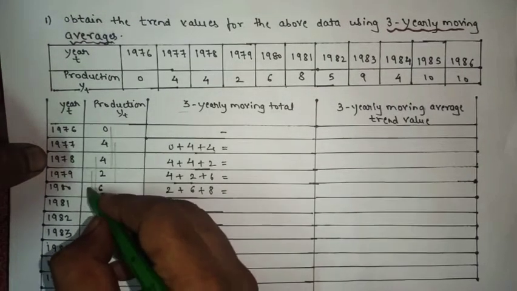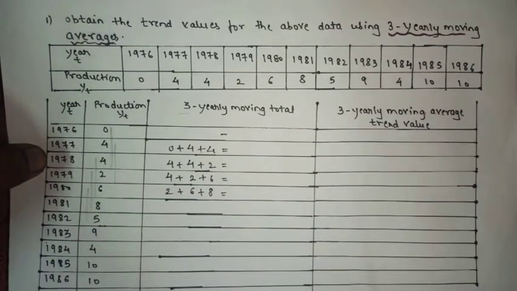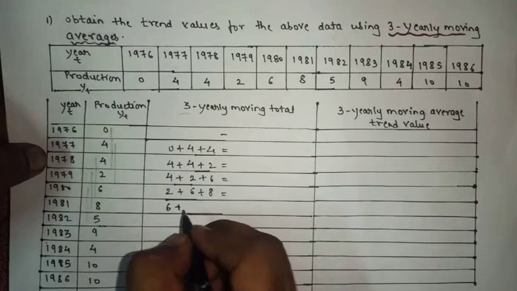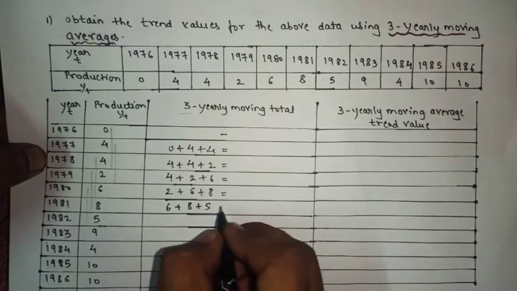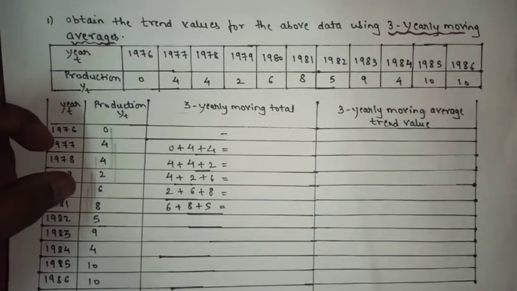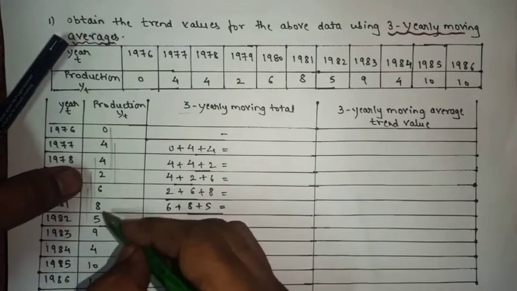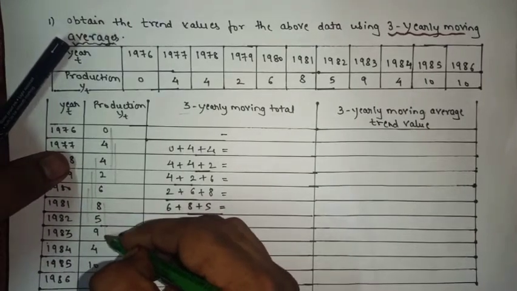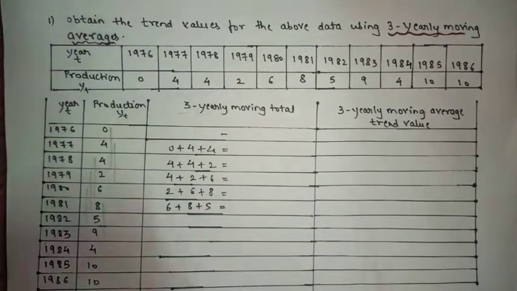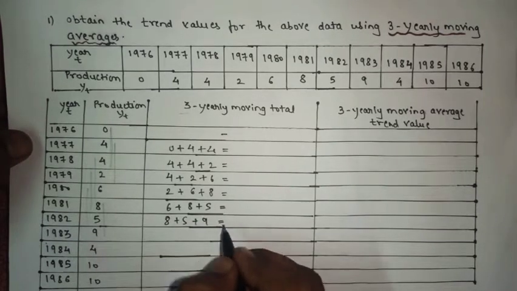Now from 6: 6, 8, 5. So 6 plus 8 plus 5. Okay, 6 is over, now 8, 5, 9: 8 plus 5 plus 9.